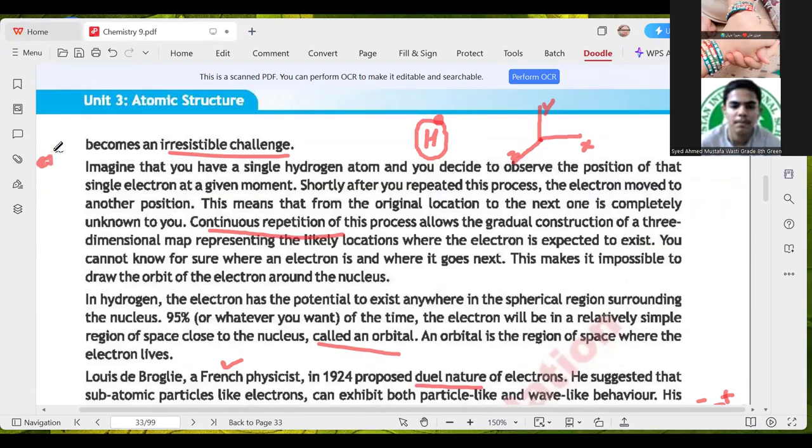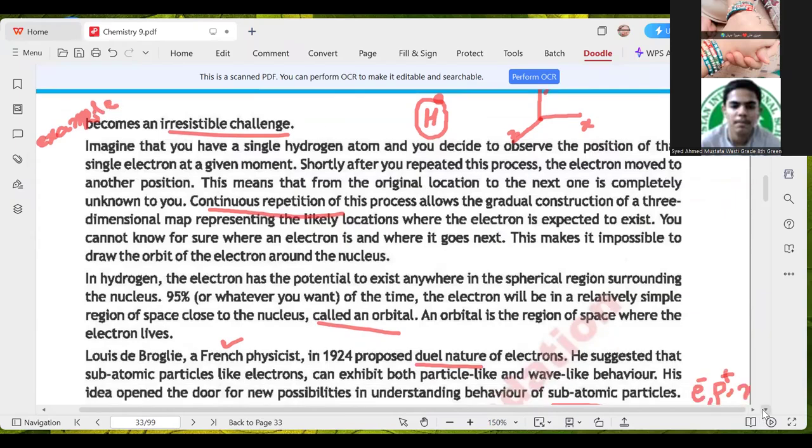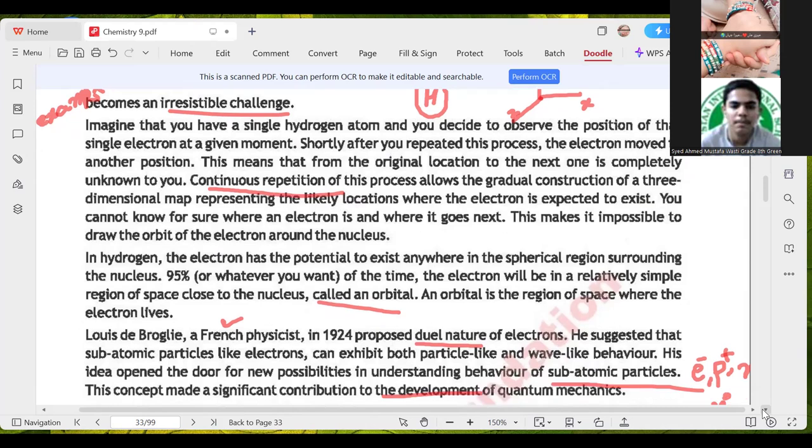If you try to note down the position of it, then the second time you note it, it would be somewhere else. It could be anywhere within the spherical structure of an atom. Hence, it is impossible to find the exact location or the future trajectory of the electron. This makes it impossible to draw the orbit of the electron around the nucleus.